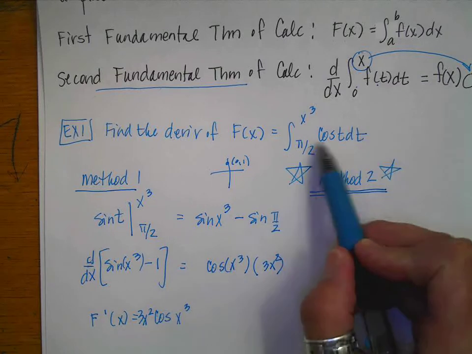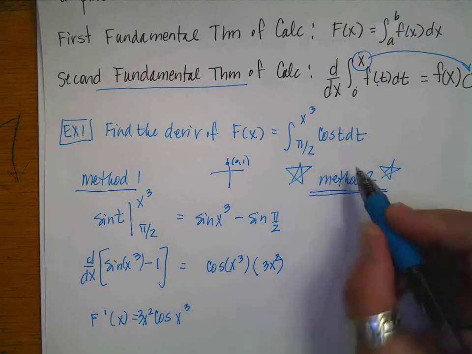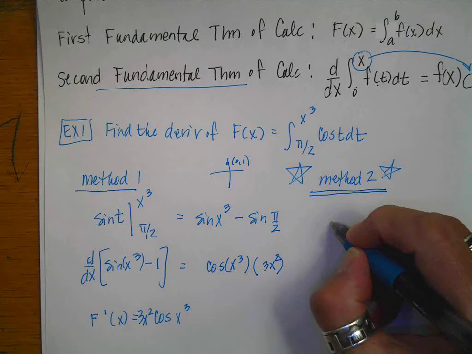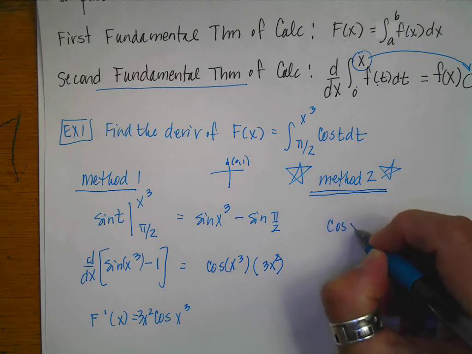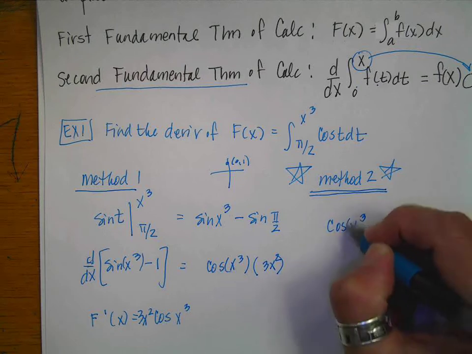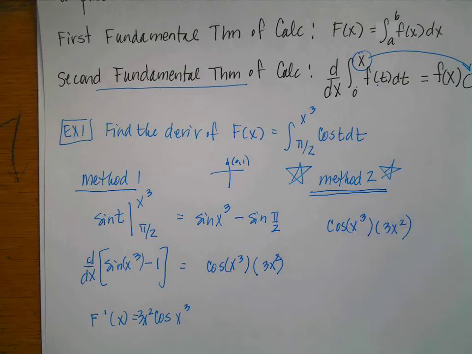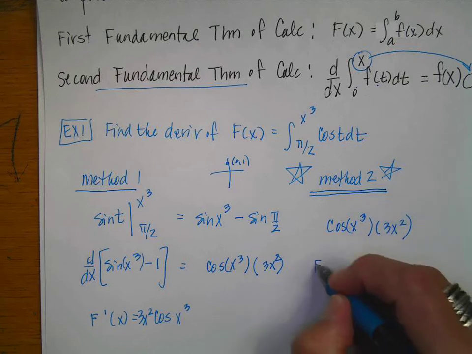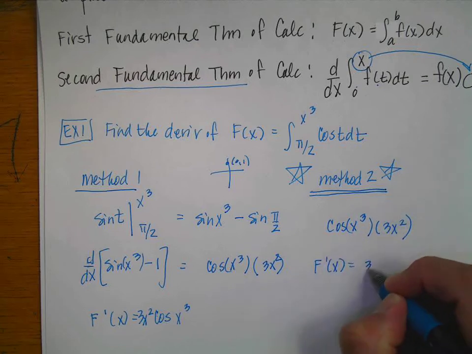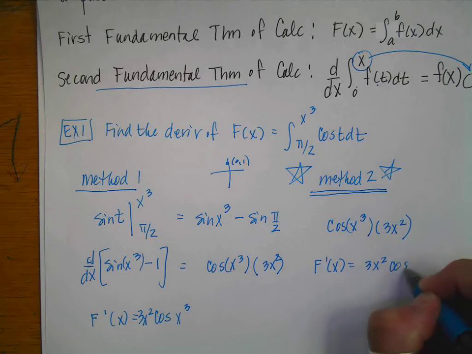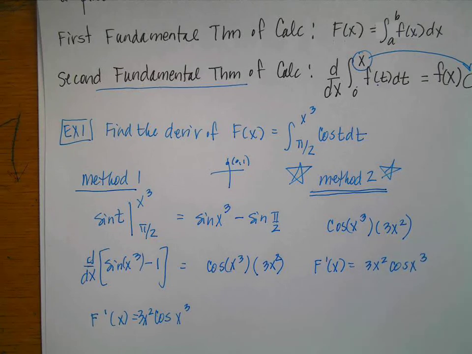If I take the derivative of this integral, it says it's going to be the function evaluated at the top index times the derivative of the top index. f prime of x is 3x squared cosine x cubed.